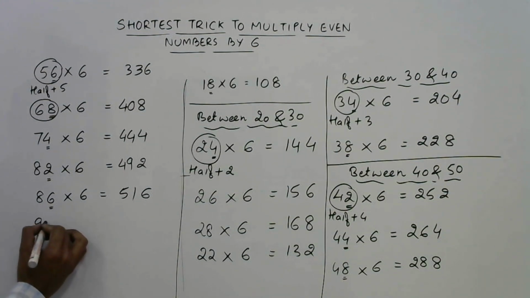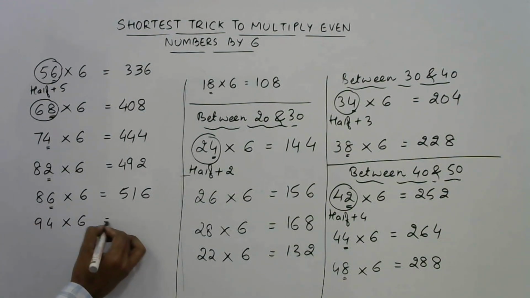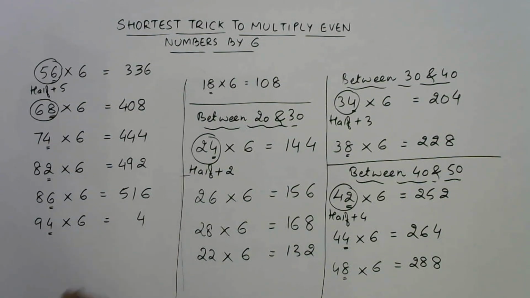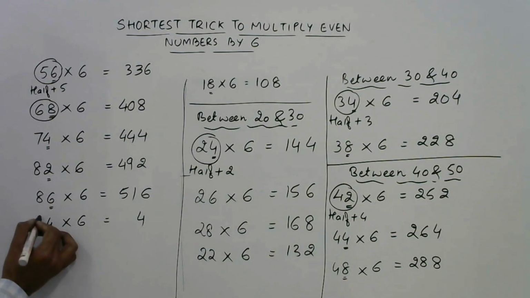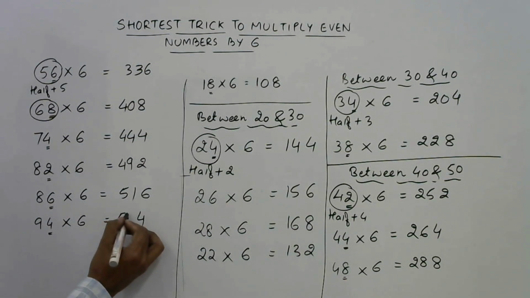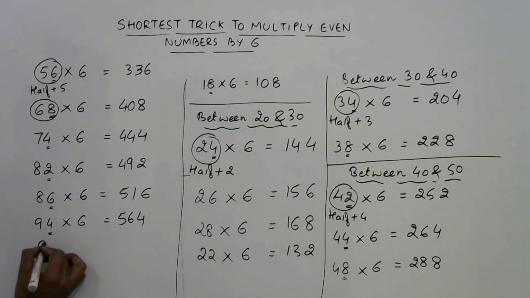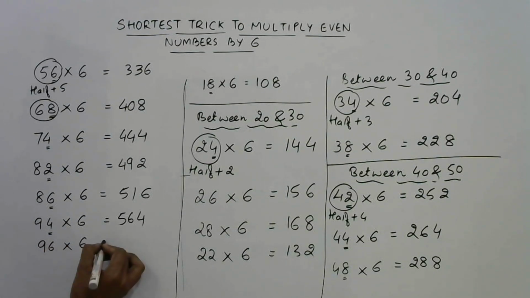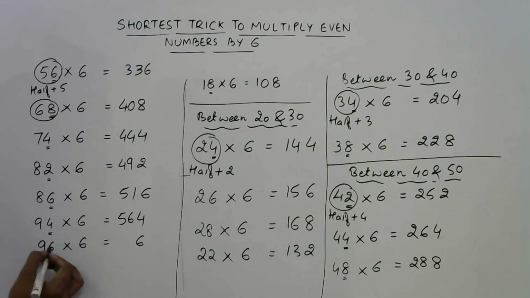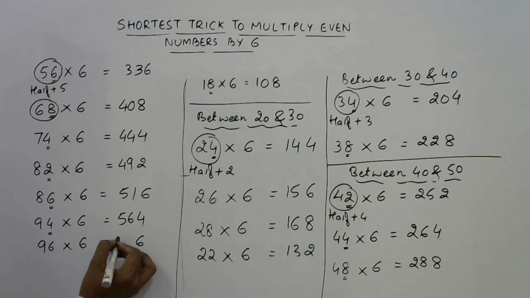Let's take 94. So 94, the half is 47 plus 9, 56. So 564 is the product. 96 into 6, ending with 6. So half is 48 plus 9, 57.